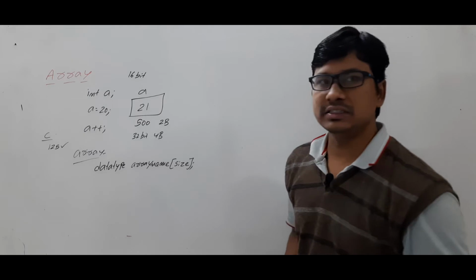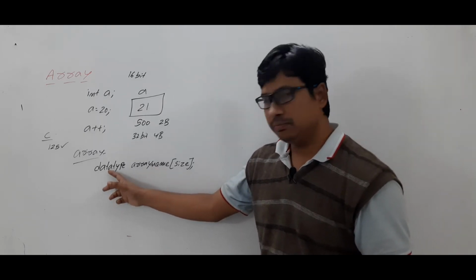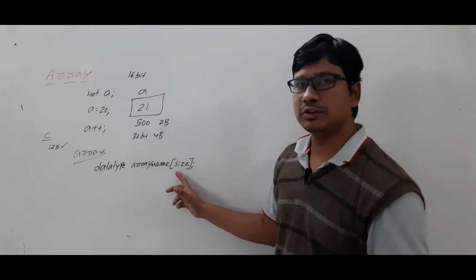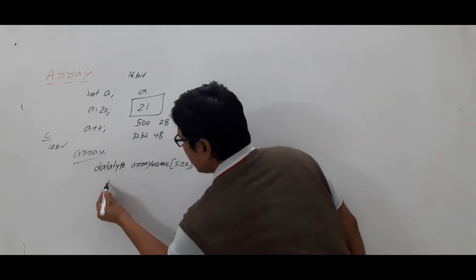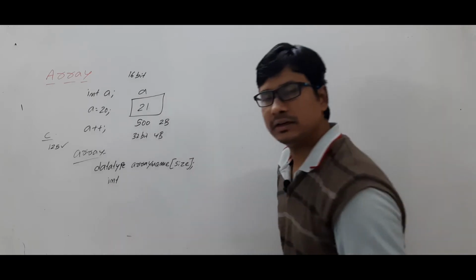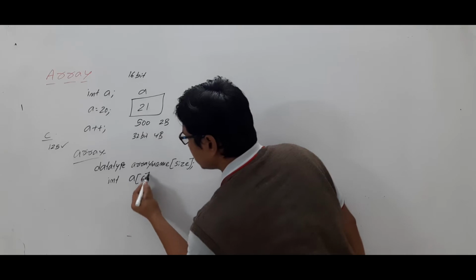This is the generalized syntax of declaring an array: data type, array name, and you need to specify the size. Let me give a simple example. I am writing int a[6].